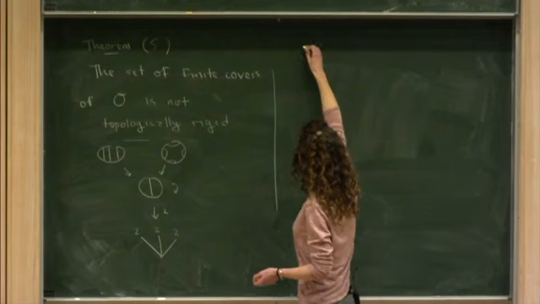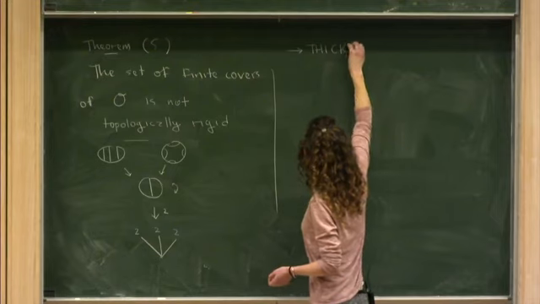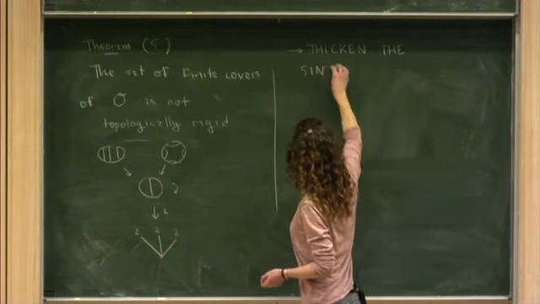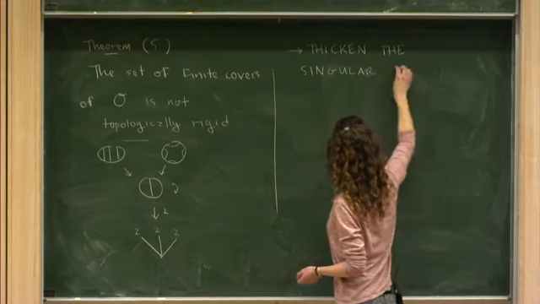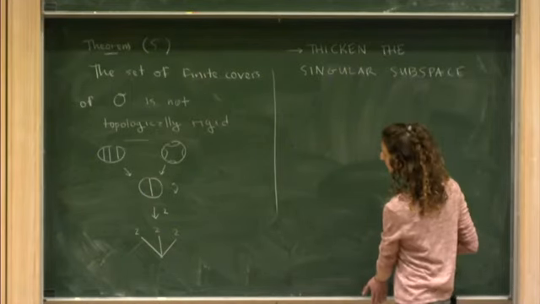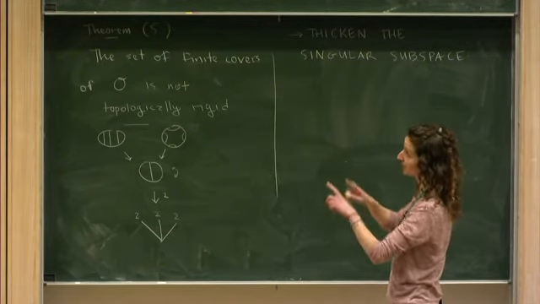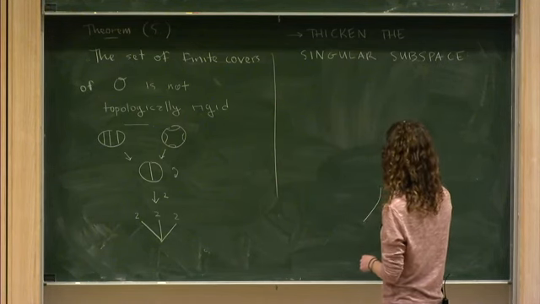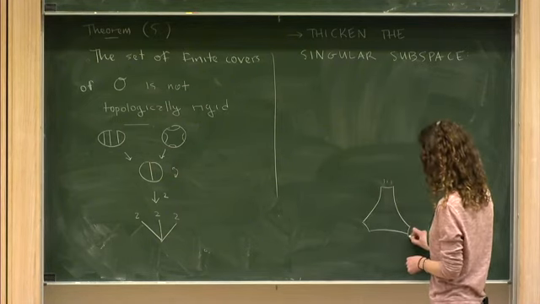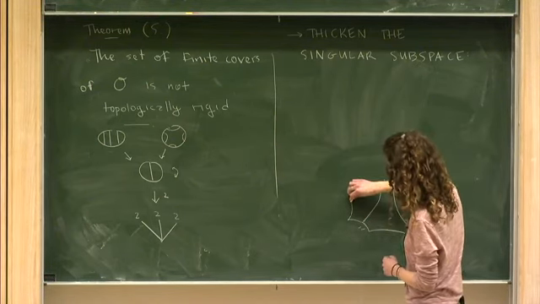So what do we do? The solution is to thicken the singular subspace. So for O, which is drawn above, we replace the red singular subspace with a surface with an orbifold with 3 reflection edges and 3 non-reflection edges, and glue on the orbifold as before.